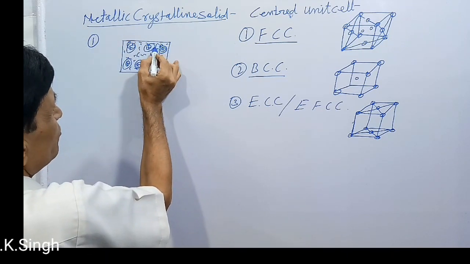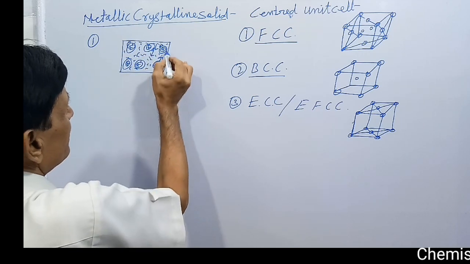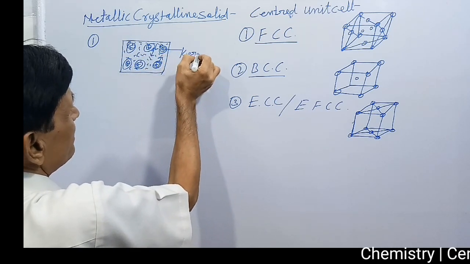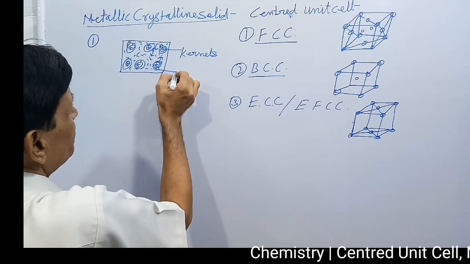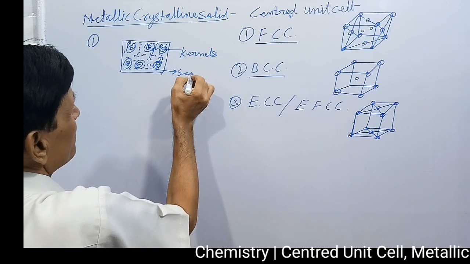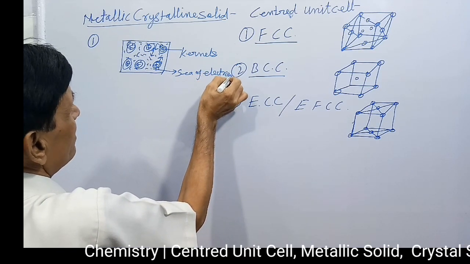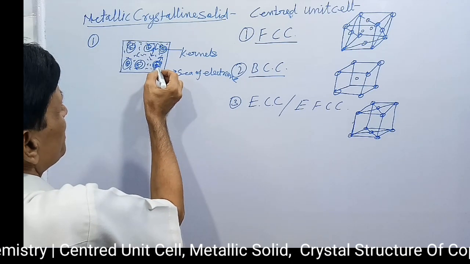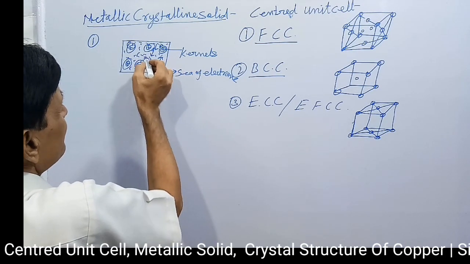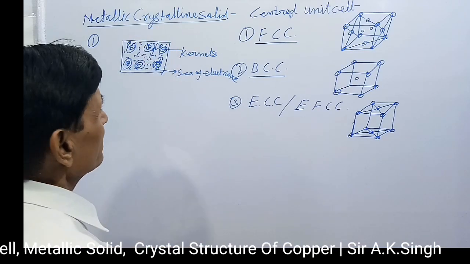When electrons come over here, a slight positive charge is developed on the metallic atom and they are called kernels. And these free electrons which came from the metal are called the sea of electrons.